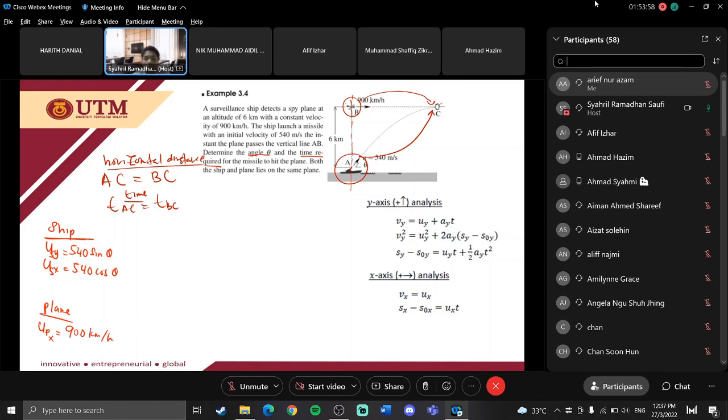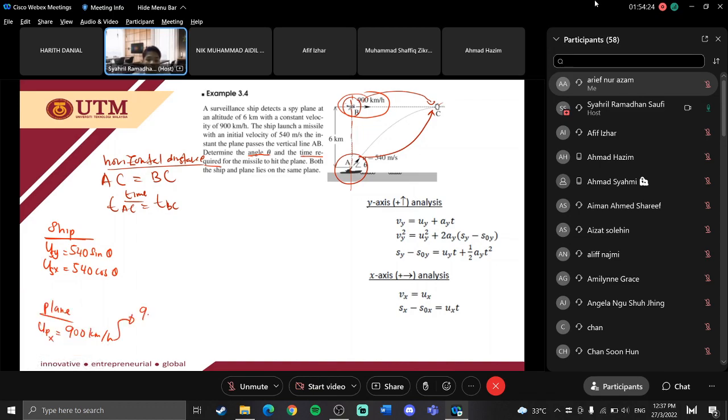So for this plane, we have only one axis, the x axis only, with no velocity component on y. It provides you 900 kilometers per hour, so you need to make the units consistent. You can change the unit to meters per second.